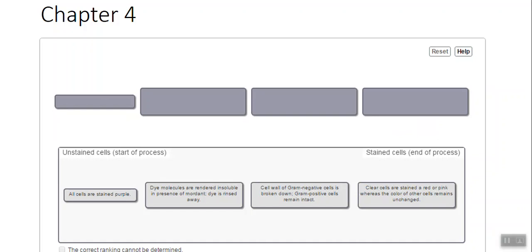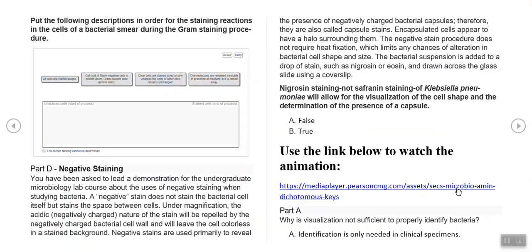So then our next question is concerning negative staining. Nigrosin staining, not safranin staining, of Klebsiella pneumoniae will allow for the visualization of the cell's shape and determination of the presence of a capsule. For students that were in my class, this is the India ink we used, or nigrosin, I forgot which one we're using now, that we did in our staining lab.